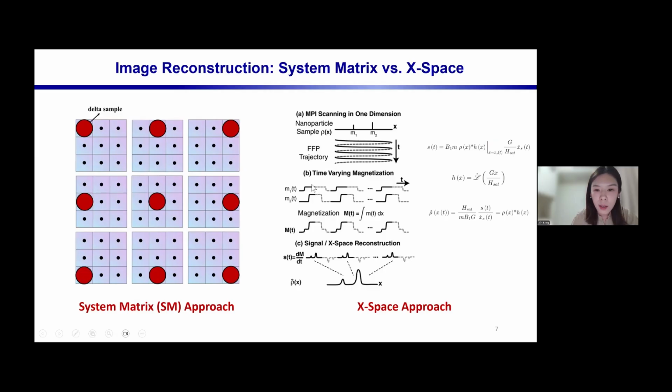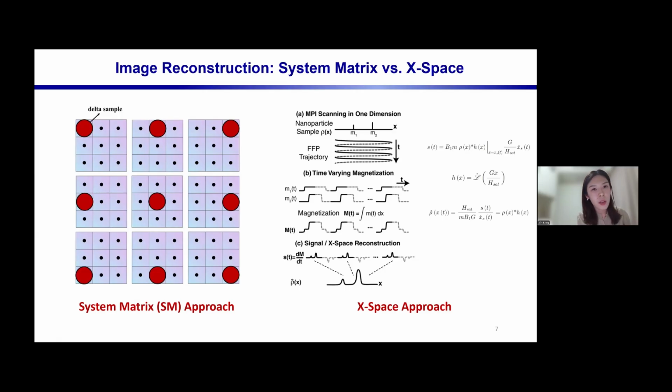And as you can see in figure B, our receive coil picks up this signal as a voltage. To get the image, we just need a two-step process. We first compensate for the velocity of the field-free point and then map the signal back to the FFP's instantaneous position. This gives us what we call a native MPI image.